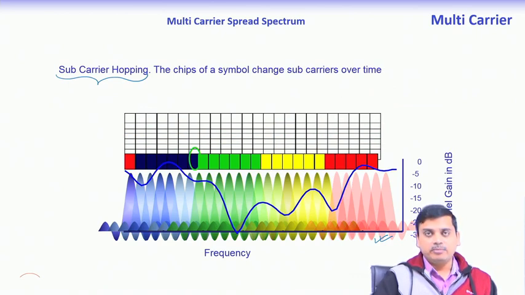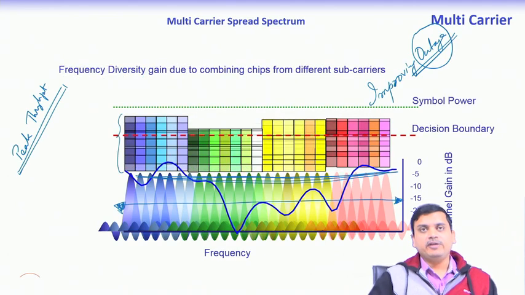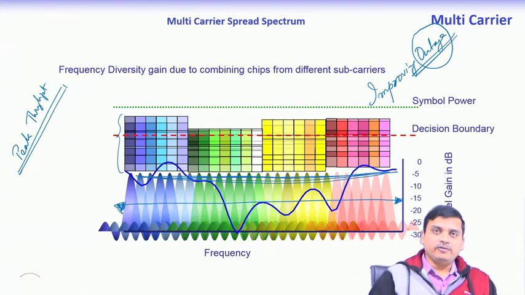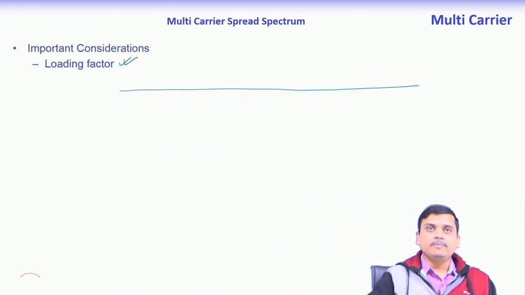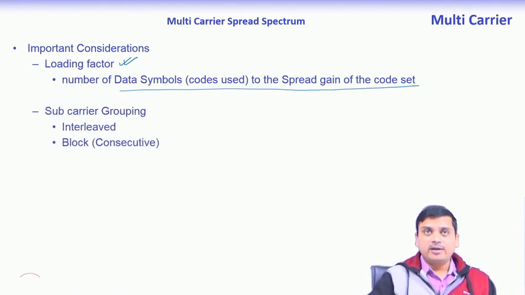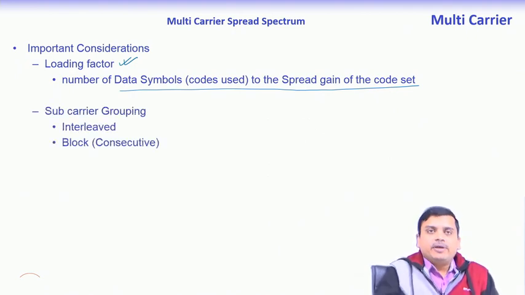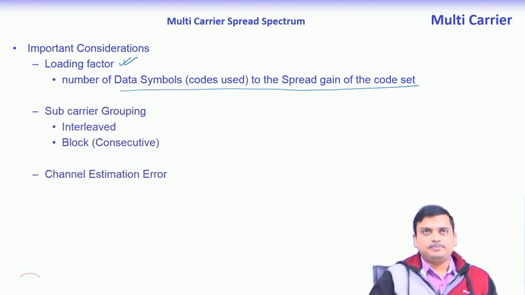If one reduces the number of symbols that are put onto a set of subcarriers, then the amount of benefit that one gets is better, because the multi-user interference gets reduced in such a case. So, if one is really constrained with the signal to interference plus noise ratio or signal to noise ratio, then one can think of reducing this loading factor, thereby getting even further benefit in terms of spreading gain.